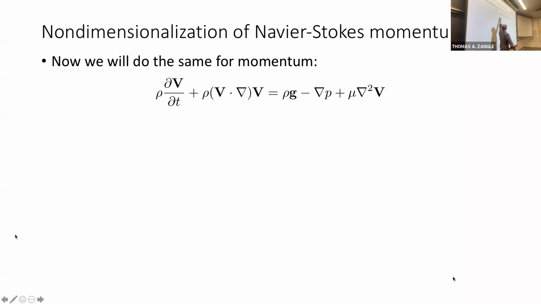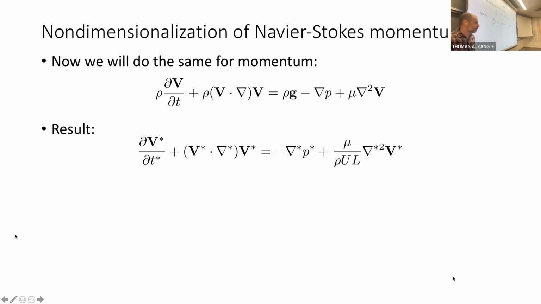We're going to use our definition that del star is equal to L del, which just comes from the fact that this del operator has length buried in it. We're not going through it all in detail. If we apply this to Navier-Stokes momentum, we end up with this expression.